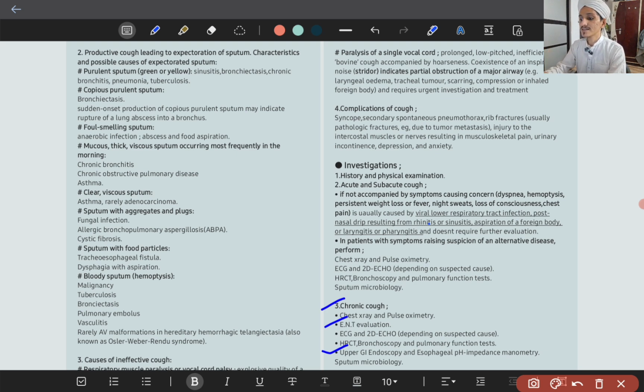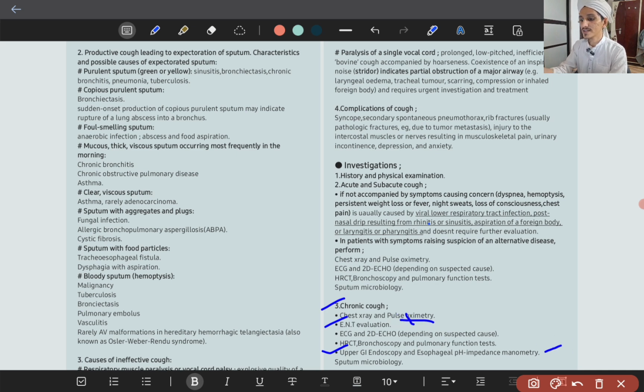Okay, that is pH manometry. You will measure the pressure of the lower esophageal sphincter also. So these two are additional in chronic cough.